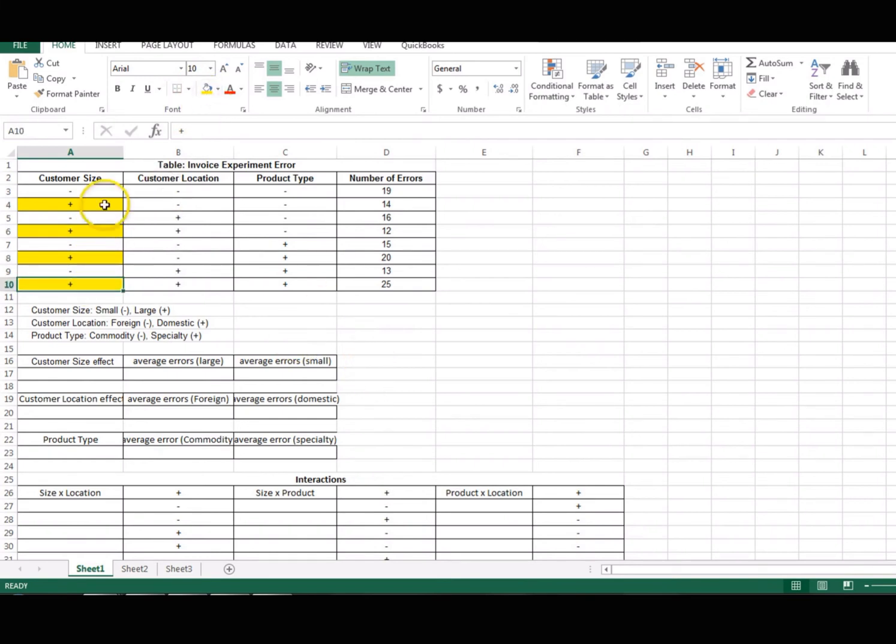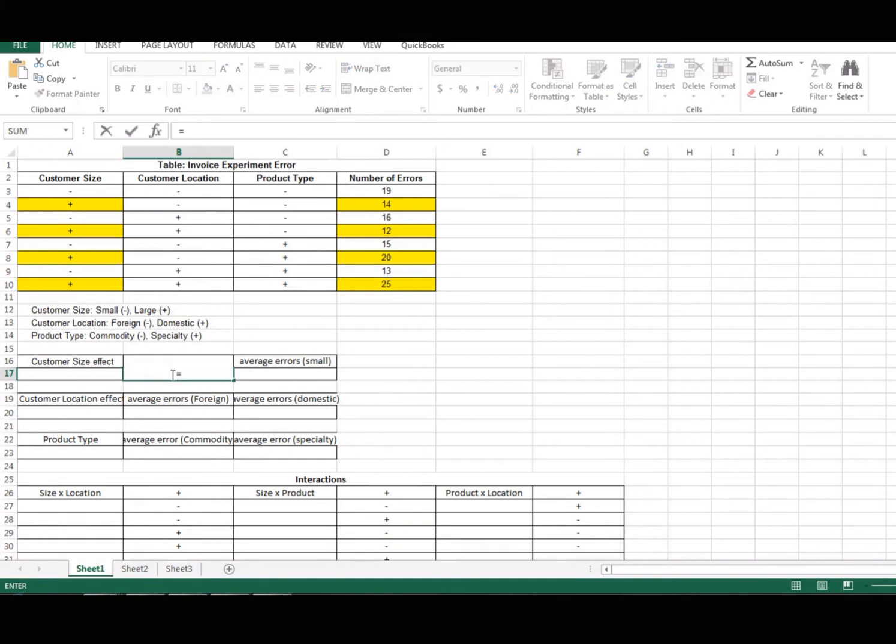Okay? Those are the cells that we are referring to when we talk about large customer size effect. But the actual numbers are over here. So when I match this with this, I'm going to go ahead and I'm going to highlight these respectively. And this is where I'm obtaining that average.